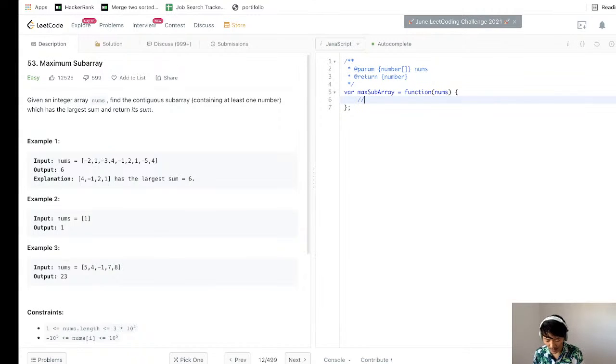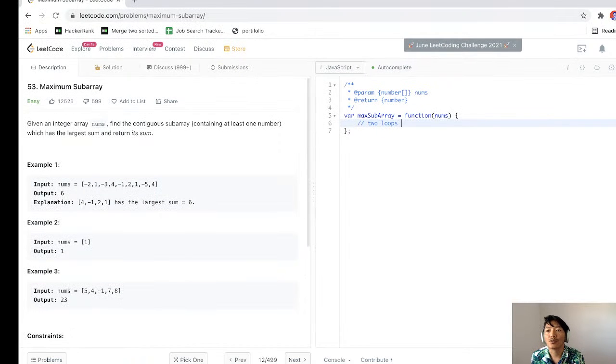What I'm thinking is maybe two loops. My approach is we will try with brute force, running two loops and then printing the value. Then we'll see what time it is right now. It should be 4.